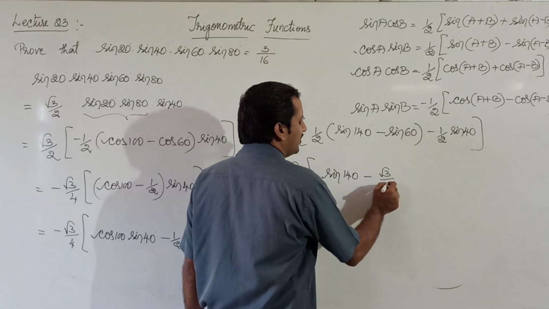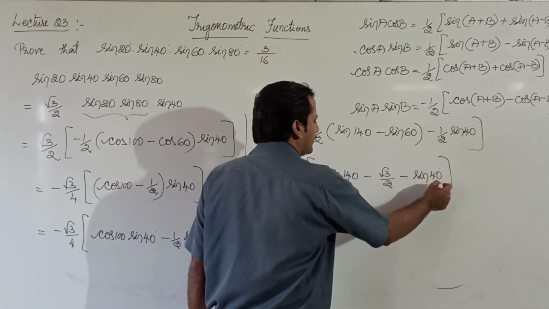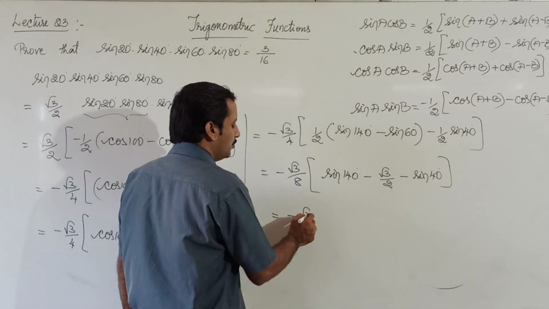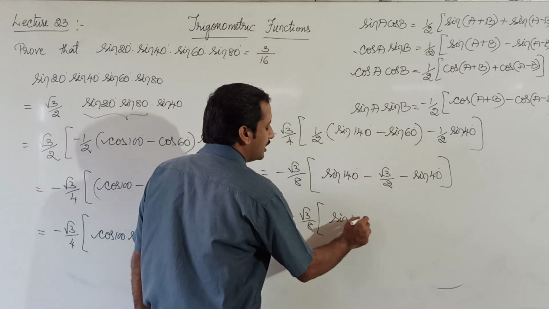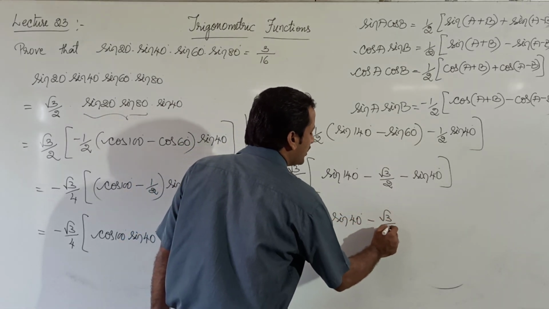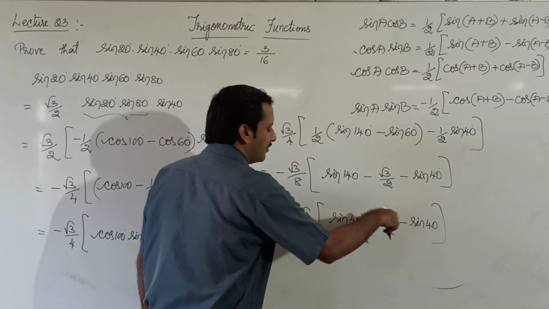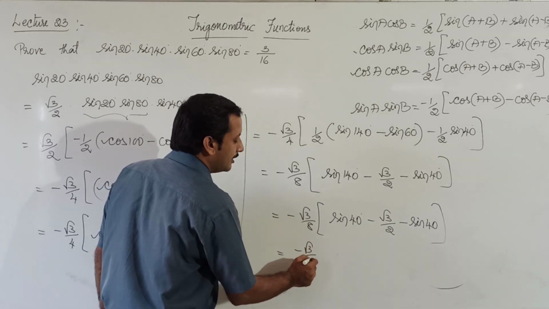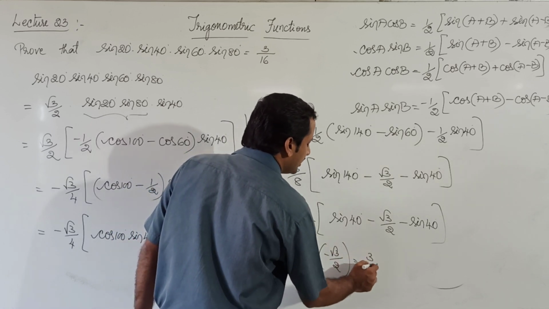Sin 60 is a value we know, root 3 by 2, right? Minus sin 40. Okay? Then that's equal to minus root 3 by 8 into sin 40 degree minus root 3 by 2 minus sin 40. Sin 40 gets cancelled.